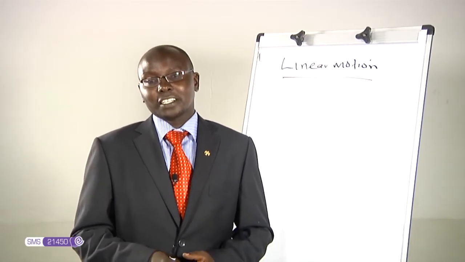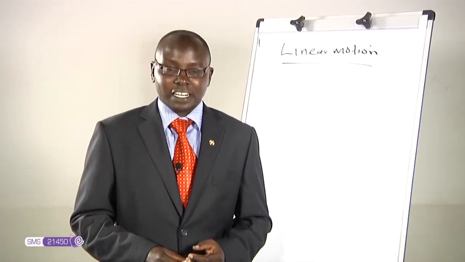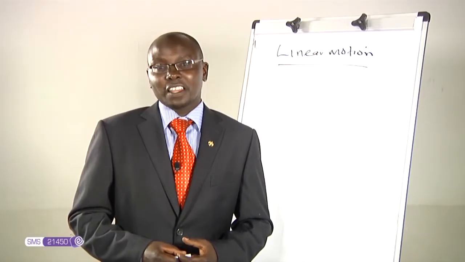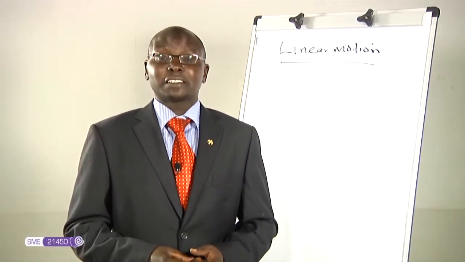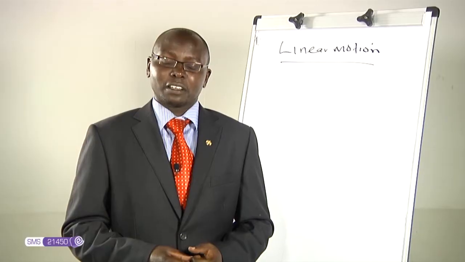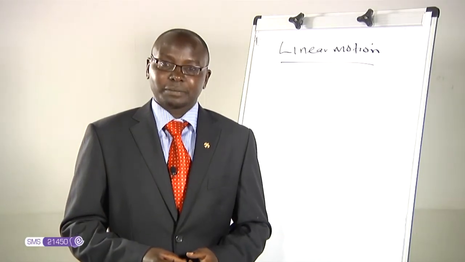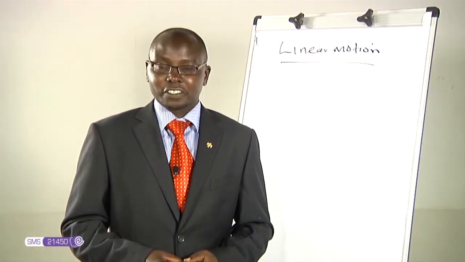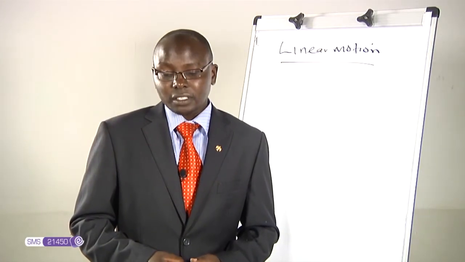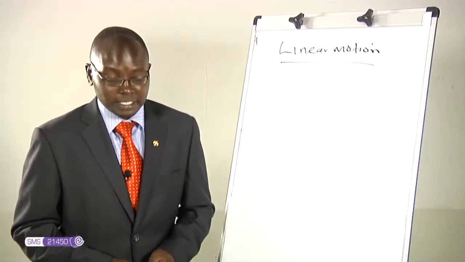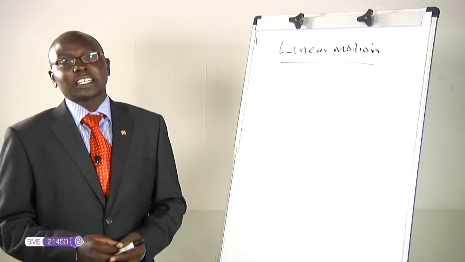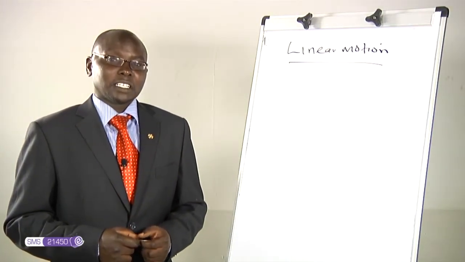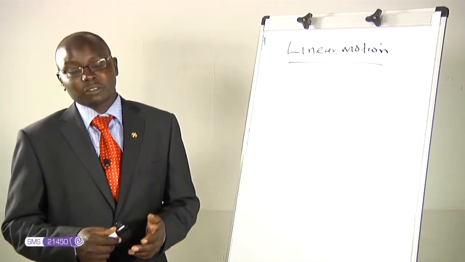Then we went to velocity, which is a vector quantity: the speed in a specified direction. Then we defined displacement, which, just like velocity, is a vector quantity, defined as a distance in a specified direction. The last term that we discussed is acceleration, which is the rate of change of velocity with time. I think that's where we stopped.